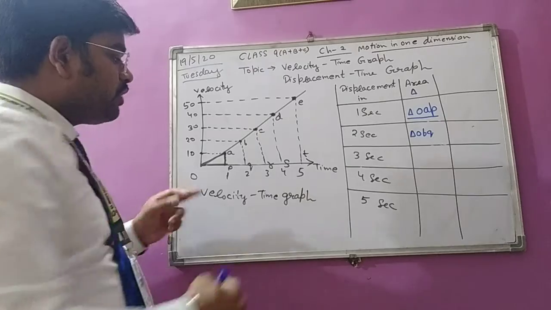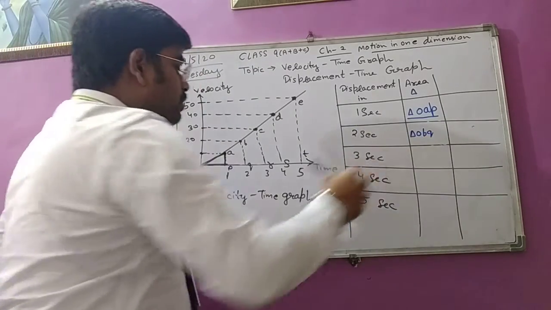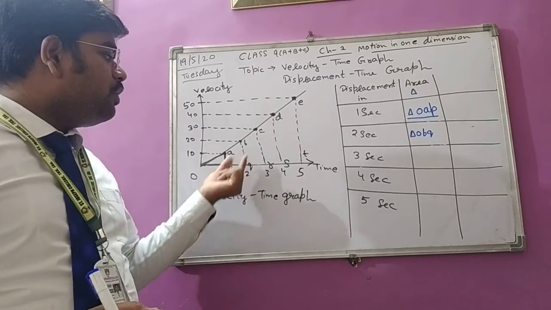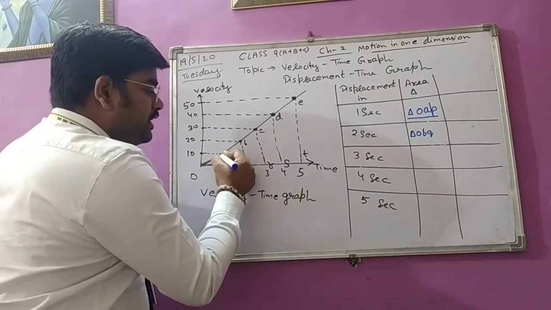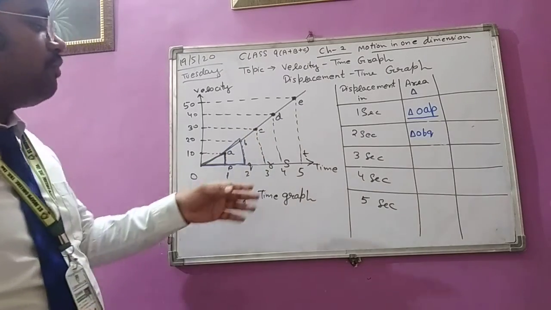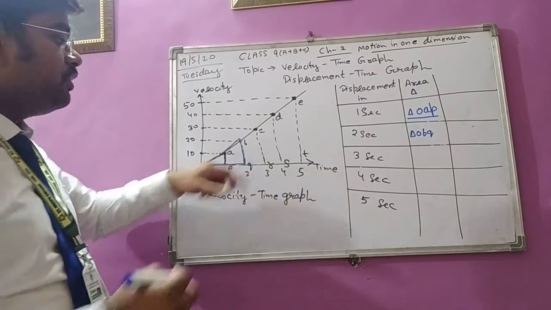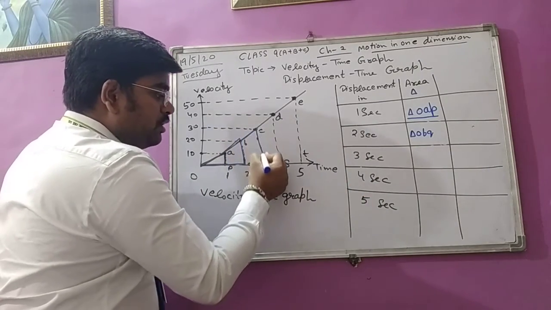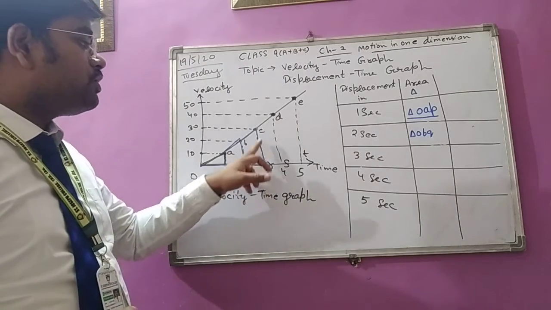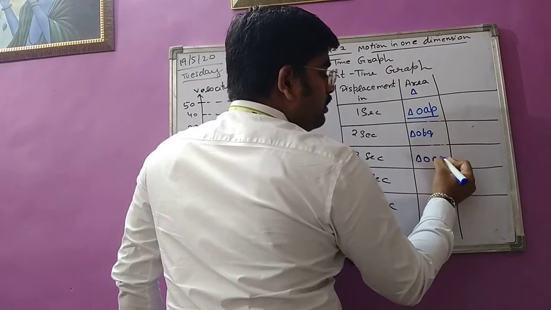That's why we have written for the first second triangle OAP, and for the second second we have to find out the area of triangle OBQ. For the third second, this triangle, OCR.